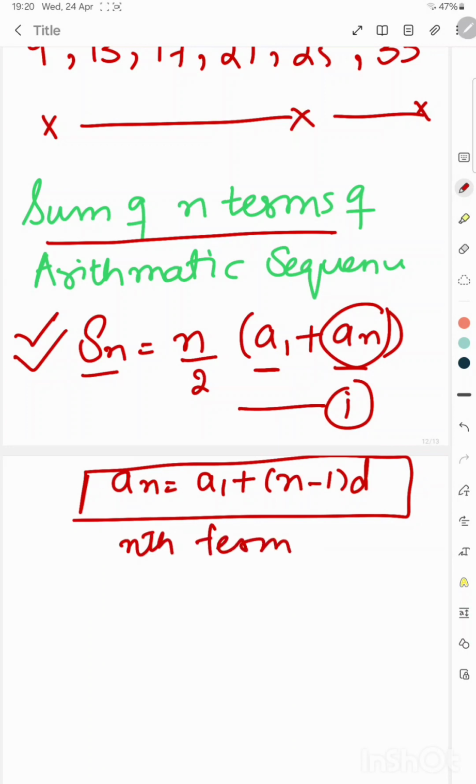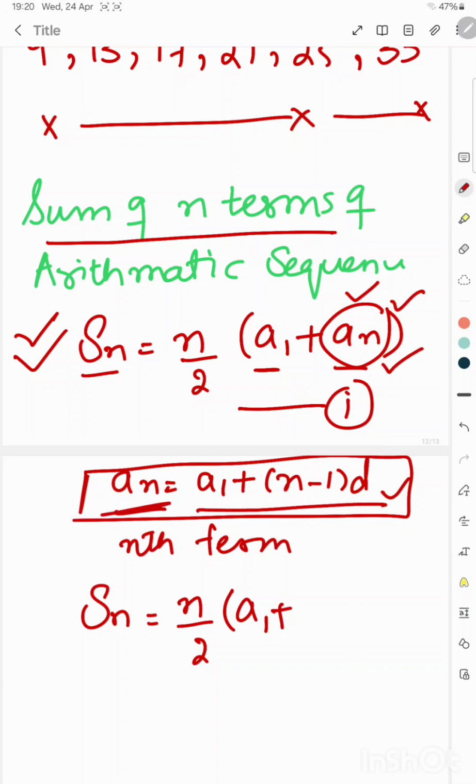So sometimes whenever a sequence is given but an is not known, we just replace this an with the formula, as I will write for you, so the concept becomes clear. Sn is equal to n by 2 (a1, and here instead of writing an, you will write a1 plus (n minus 1)d).